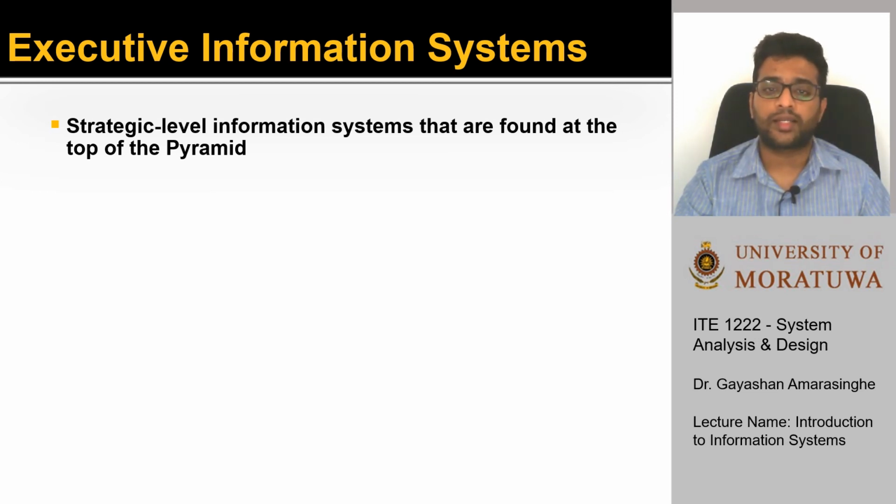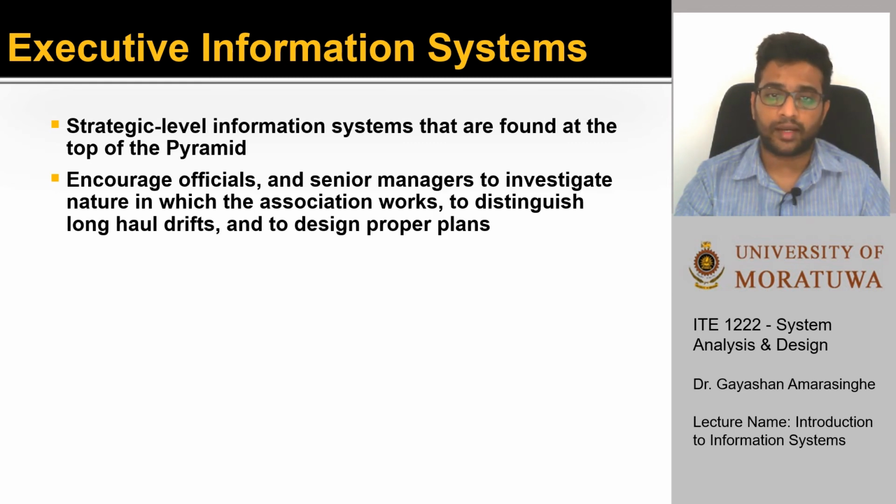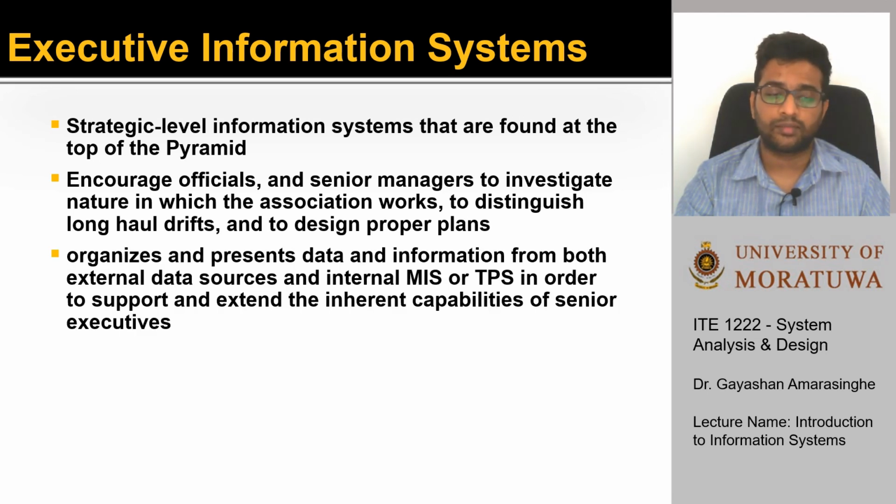Such systems are intended to be operated straightforwardly by administrators without the requirement for intermediaries. These systems organize and present data and information from both external data sources and internal management information systems or transaction processing systems in order to support and extend the inherent capabilities of senior executives.